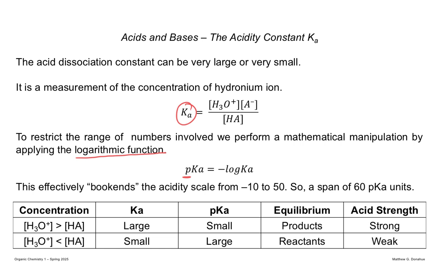The benefit of doing that, for your very large numbers and very small numbers, is that it now confines them to a scale that runs from -10 to 50. And overall, there are 60 pKa units.